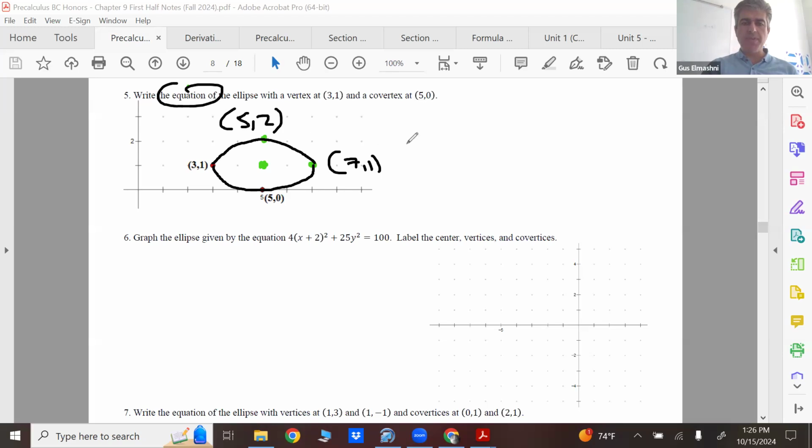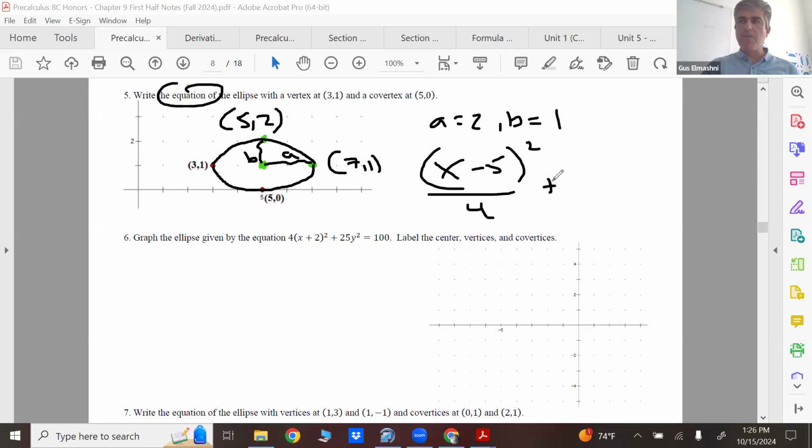So if you're asked to write an equation, what's your A value? What's your B value? So you're gonna say x minus 5 squared over 4, because remember, you can do a squared on the bottom, and a goes with x.